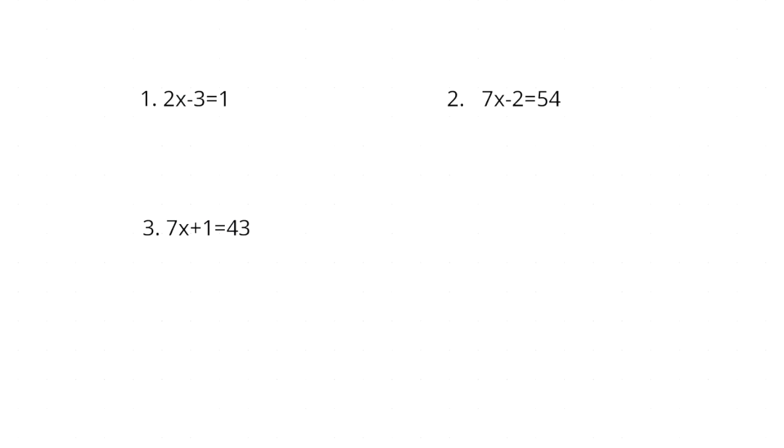Now we will go from number 1, then you will do numbers 2 and 3 on your own. So here we're going to add 3. 1 plus 3 is going to be 4.